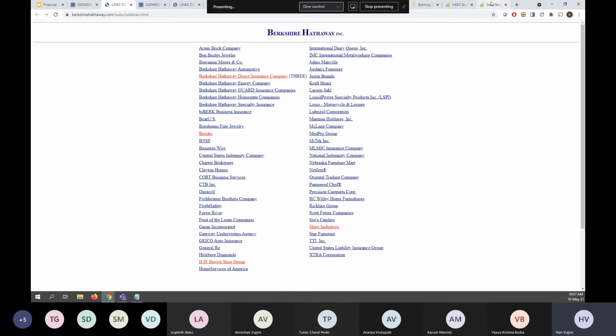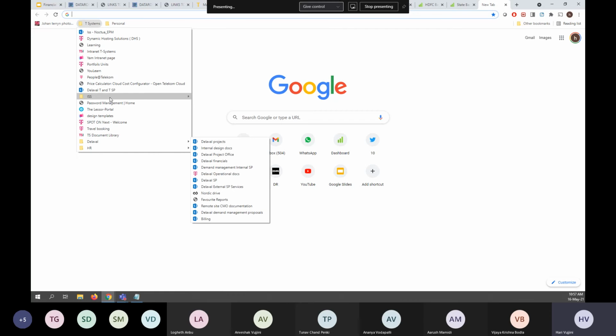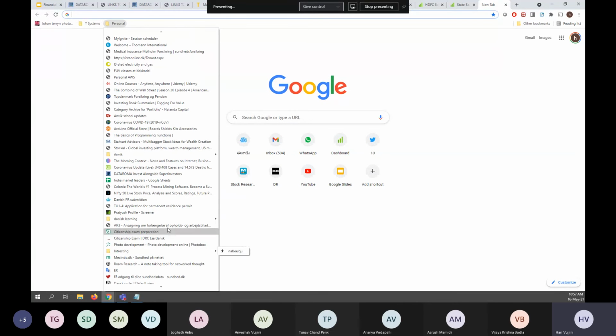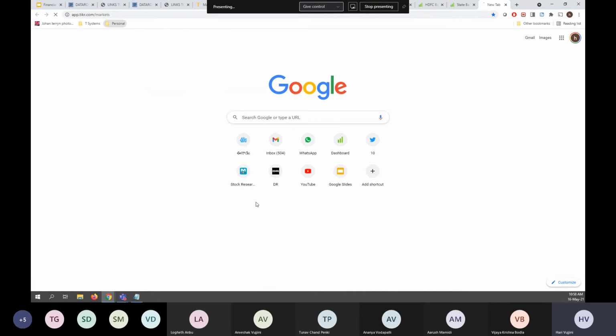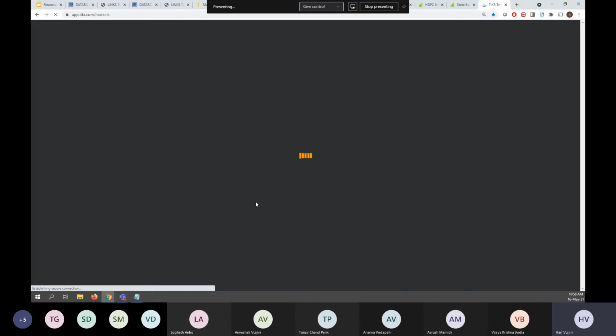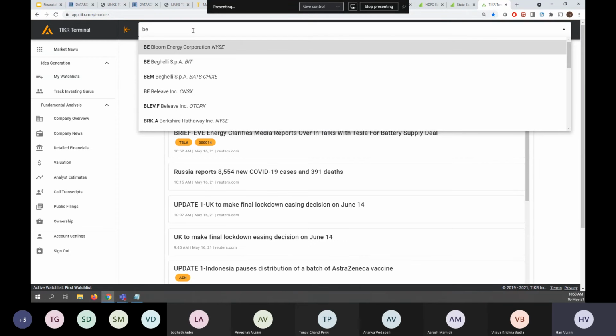So let's look at Berkshire Hathaway. What is the market cap of Berkshire Hathaway? So it's also like an index fund. So basically, if you invest in Berkshire Hathaway, you are getting all the investments they did in public companies plus all the private ones.